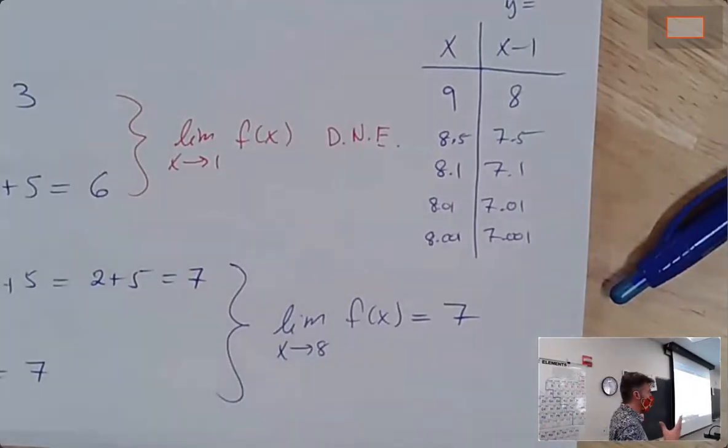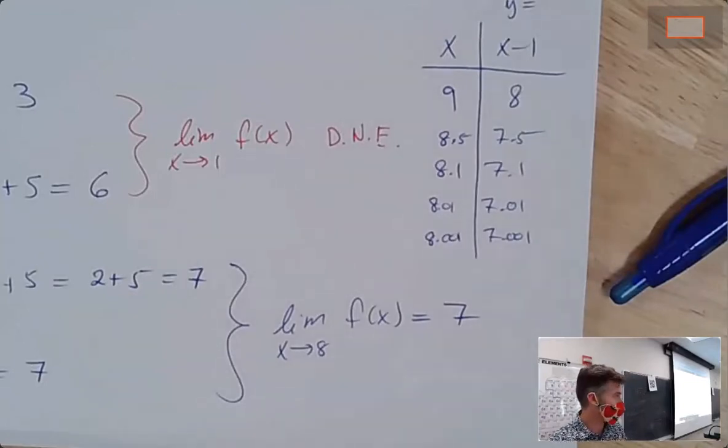The way the function is defined, when x is 1, the y value is going to be 6, because this middle piece is the piece where x is actually equal to 1. But I will point out that the limit as x approaches 1 from the left is still positive 3, because the y values get closer and closer.